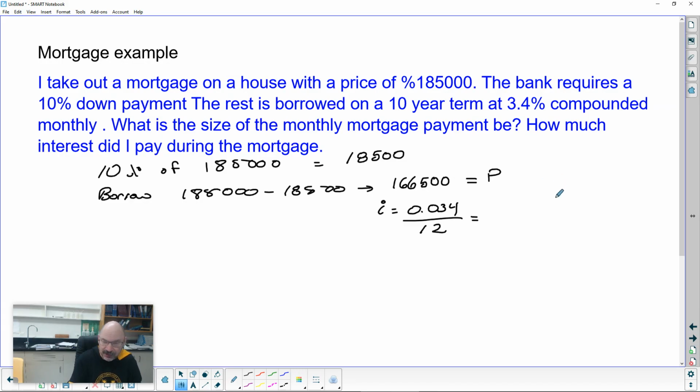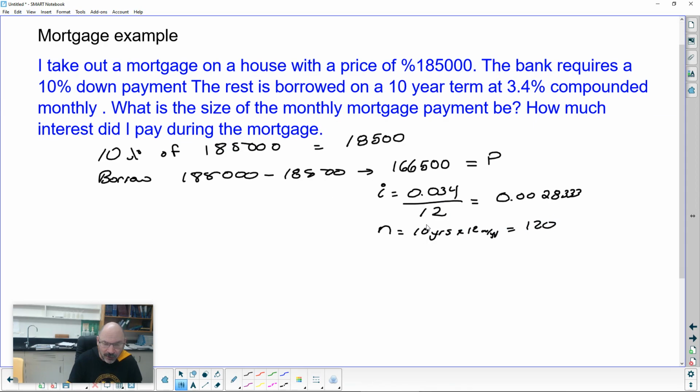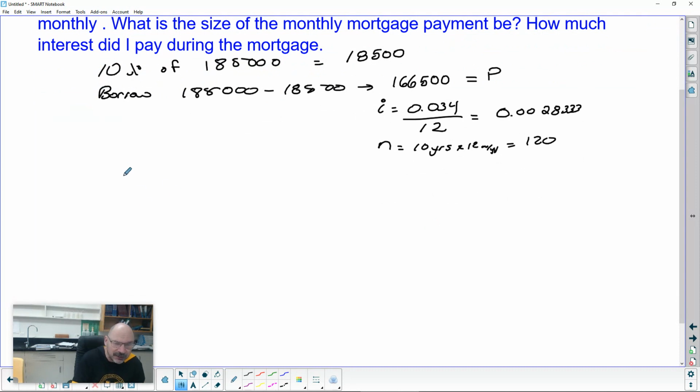Okay, we've got a repeating decimal on there, so we have to be careful to keep all those values. And then of course, how many months are in 10 years? We've got 120.